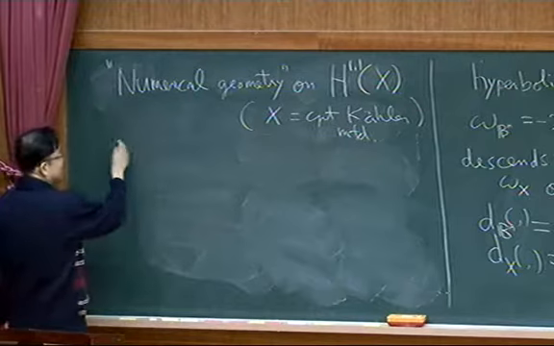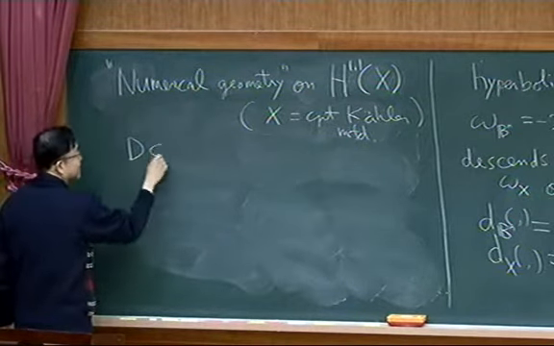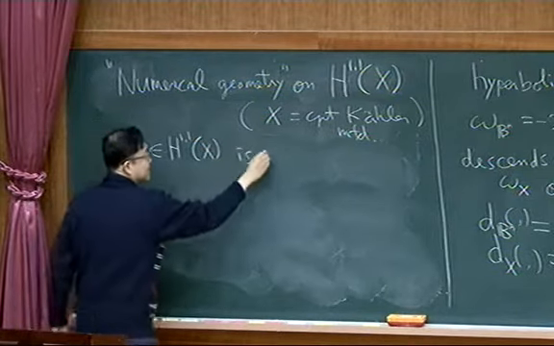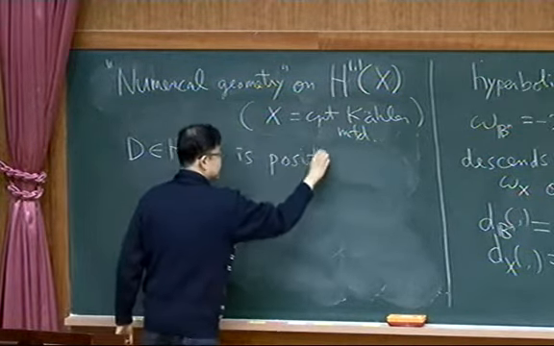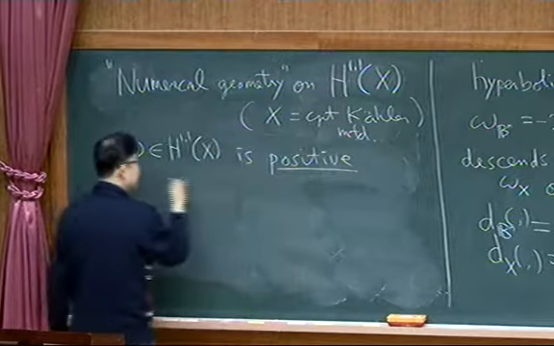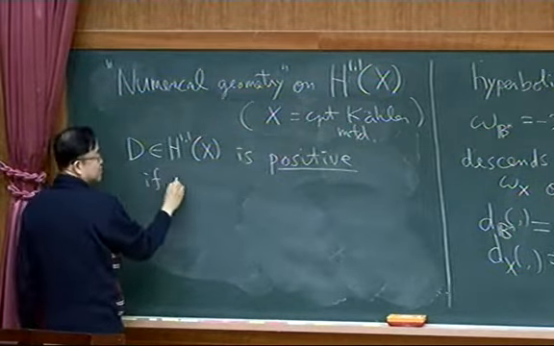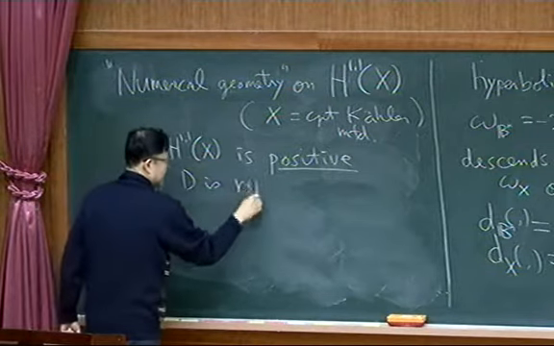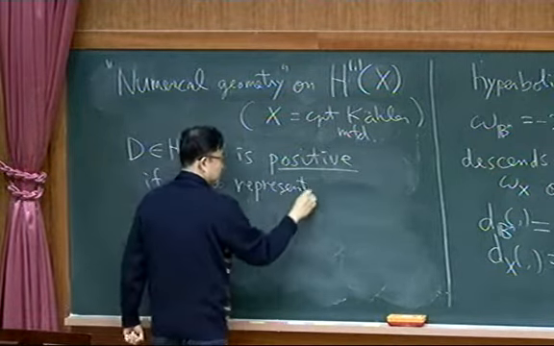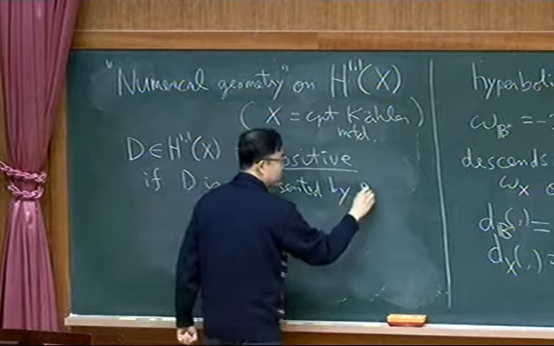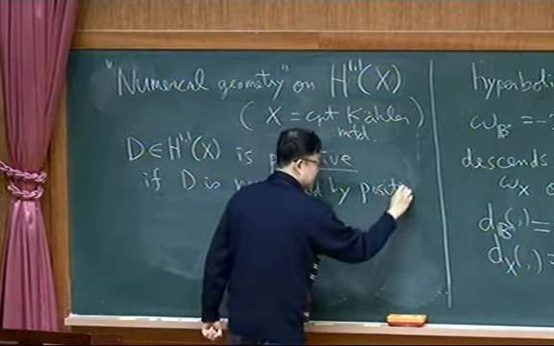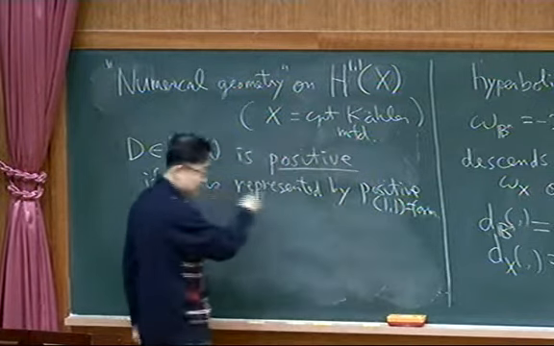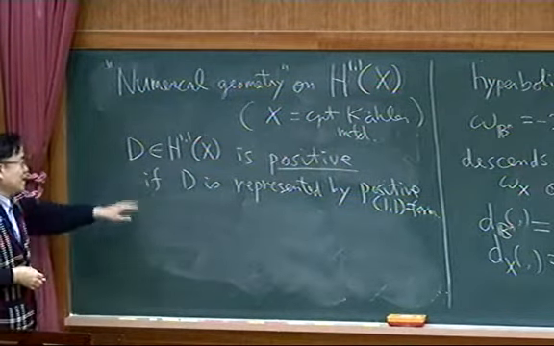So we say that a cohomology class is positive if it is represented by a positive (1,1)-form, namely a Kähler form.